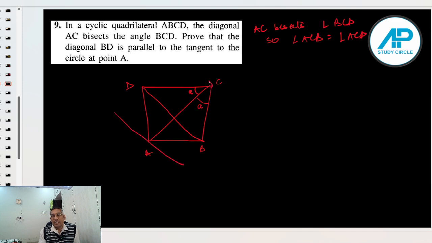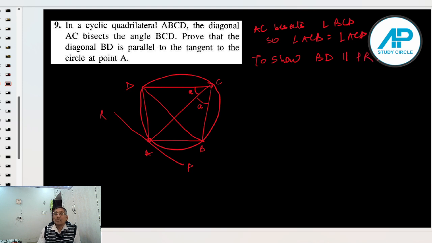Remember this is a cyclic quadrilateral. So we need to prove BD is parallel to PR.